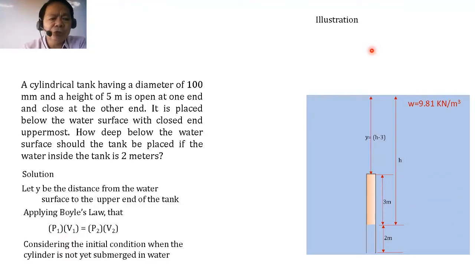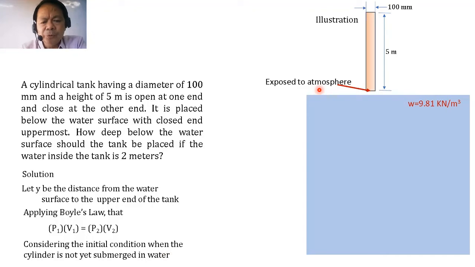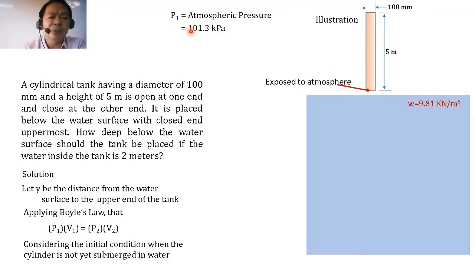So initial condition natin dito, okay, is when the cylinder is not yet submerged in water. So because the cylinder is exposed to atmosphere, we will expect therefore that the initial pressure will be atmospheric pressure. And this atmospheric pressure has a value equal to 101.3 kilopascal.